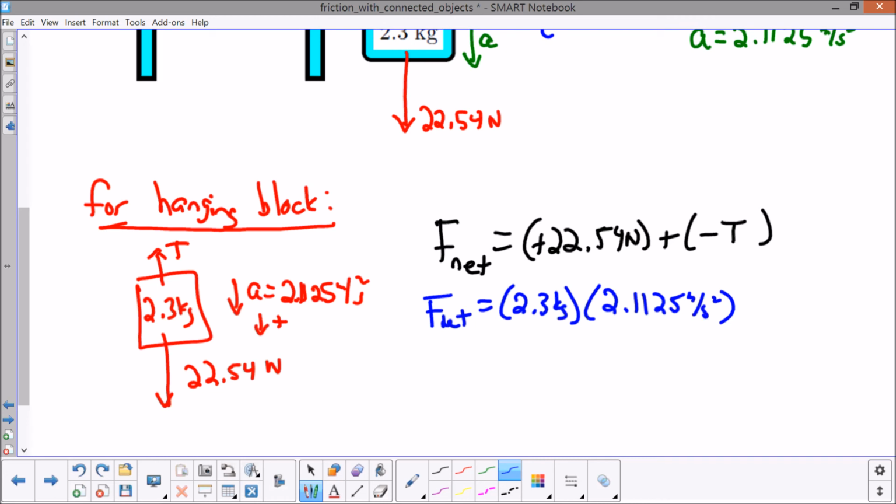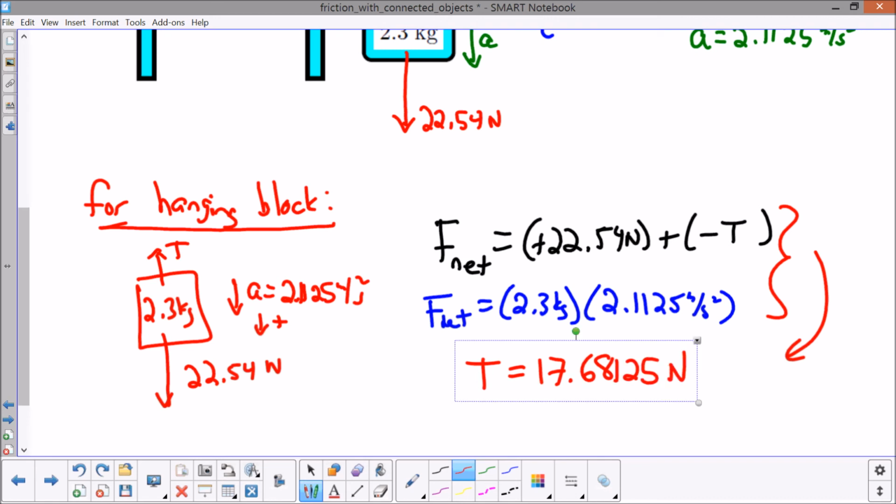And so if we combine those two equations and solve them for the tension, we get that the tension in the rope is 17.68125 newtons.